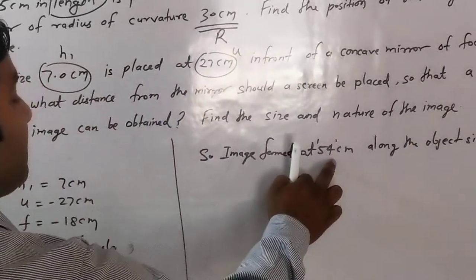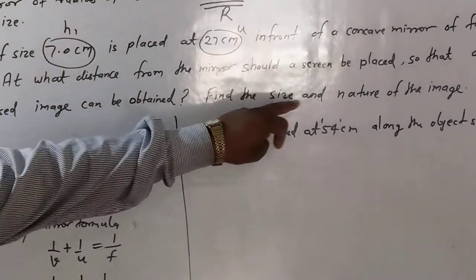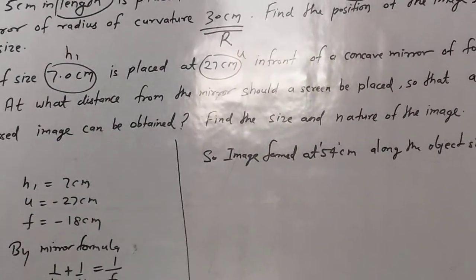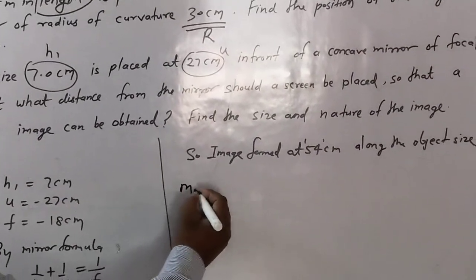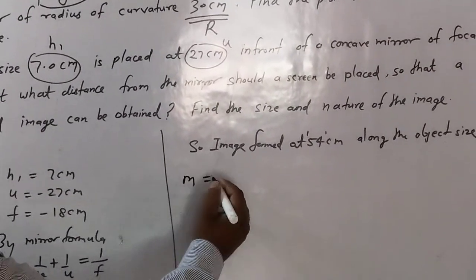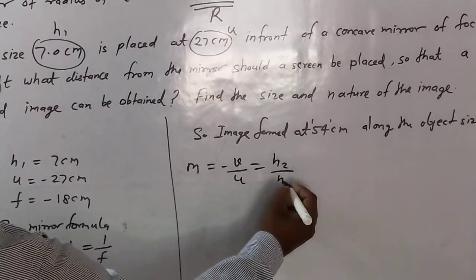At this point we will adjust the screen, and then second we have to find the size and nature, and by using magnification, m is equal to minus v upon u is equal to h2 upon h1.